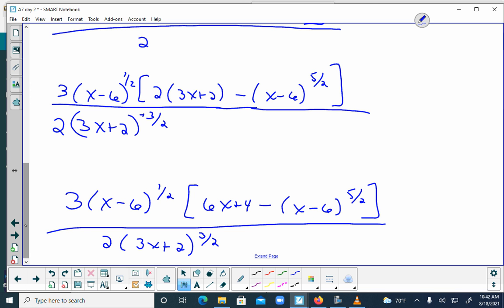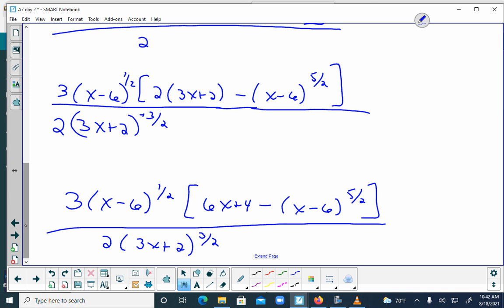Cannot do anything with this because it's raised to that fractional power. If it's anything above 2, I'm not going to ask you to cube a binomial. Does that make sense? That's it.